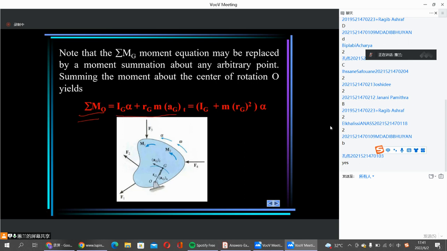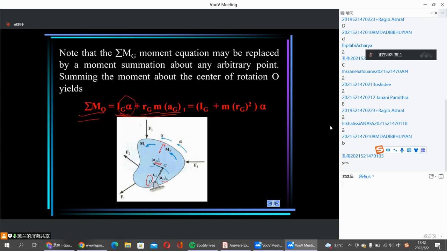Here, this one is actually the moment about point O of the kinetic force system. Except I_G alpha is actually the kinetic moment, right? I_G alpha is the kinetic moment. It will result in the same moment about any point, about point G, point O, point A or B. But except for the kinetic moment, the kinetic force will also have a moment about point O. We have the kinetic force, normal and tangential.